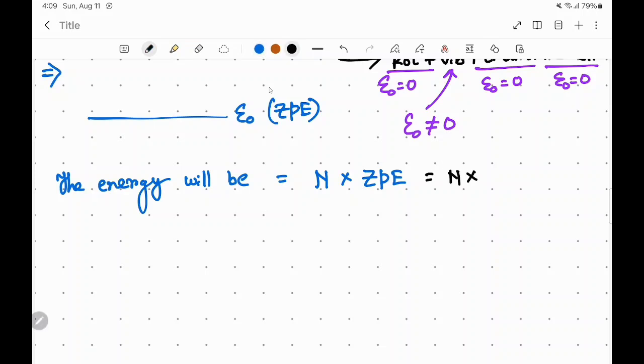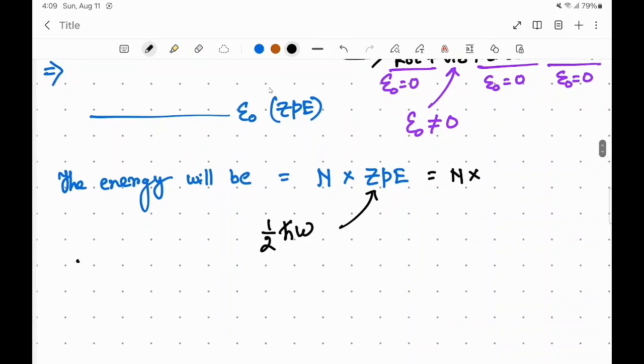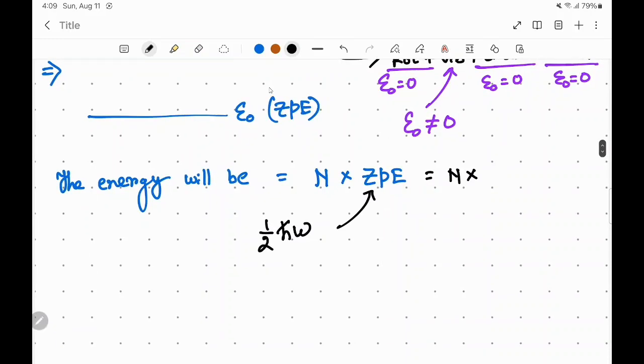What is the value of the zero point energy? Half h nu, or half h cross omega. Both are correct. We generally follow the notation h cross omega. Omega is the angular frequency and nu is the frequency, so you can convert, and h cross is h by 2 pi.